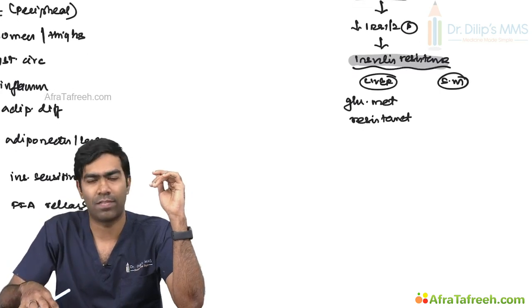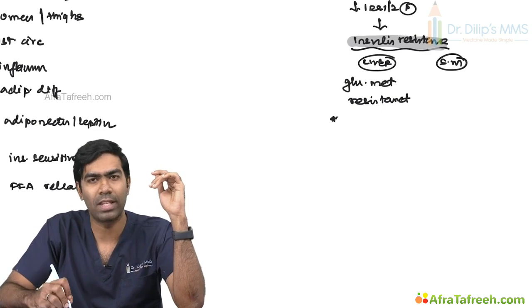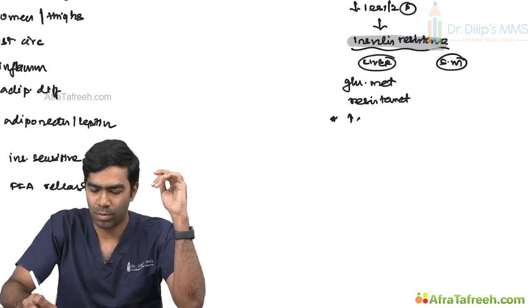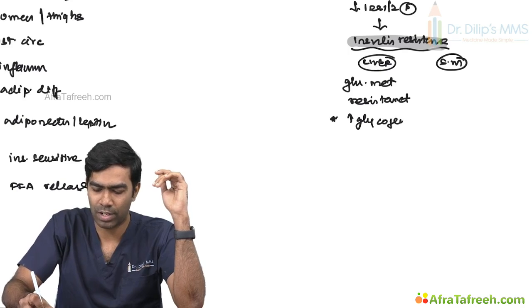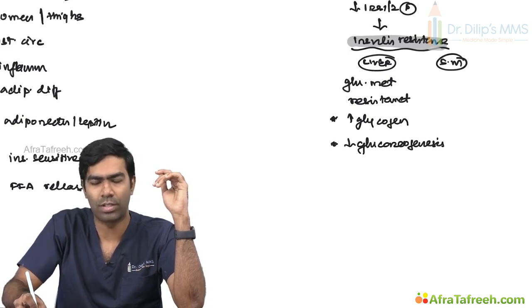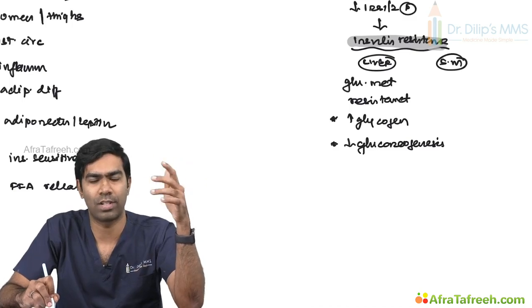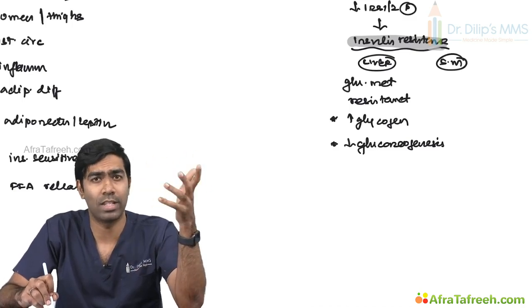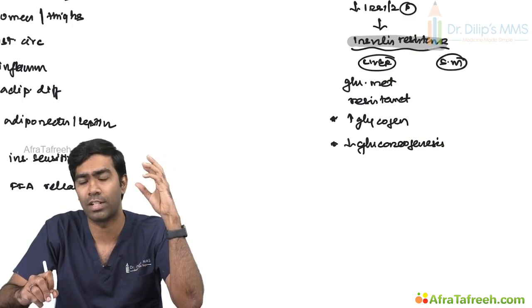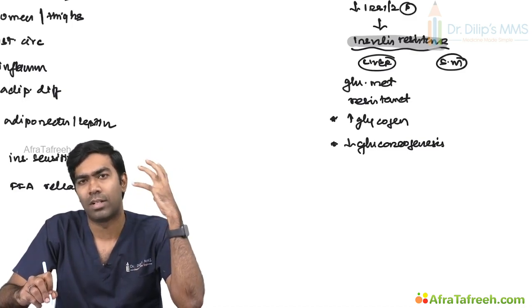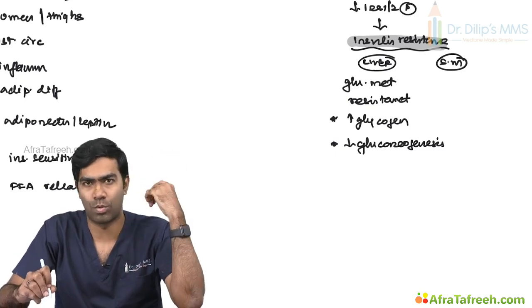You know what are the effects of insulin on glucose metabolism in the liver? First, they are going to produce increased glycogen by activation of glycogen synthase, and they're going to produce reduced gluconeogenesis by inhibition of the gluconeogenic enzymes like glucose 6-phosphatase, fructose 1,6-bisphosphatase, then we have pyruvate carboxylase. All these are sensitive to insulin, and the insulin is going to inhibit the gluconeogenic hormones.